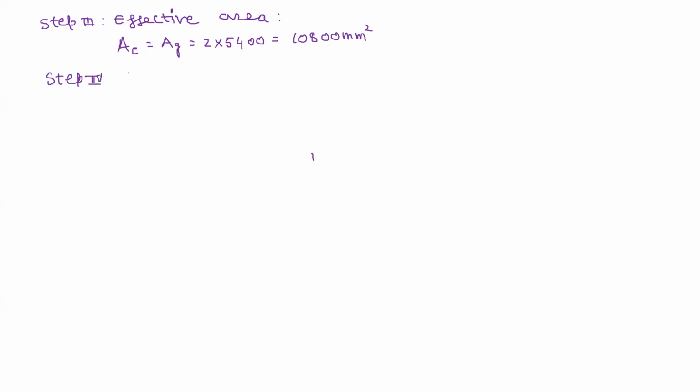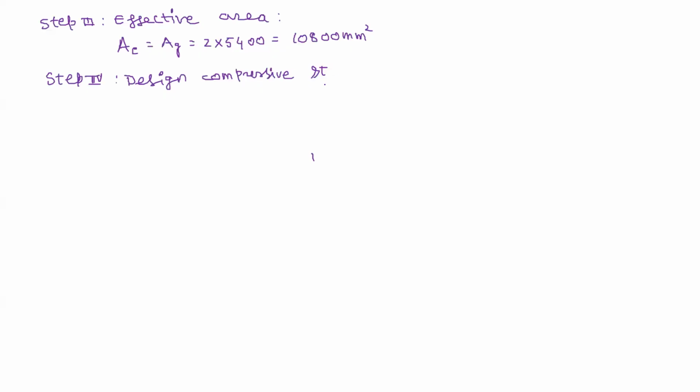Now step 4, design compressive stress. So we have first KL upon R. Now K we have 1 because we have both ends as hinged, because restraint against position but not rotation.